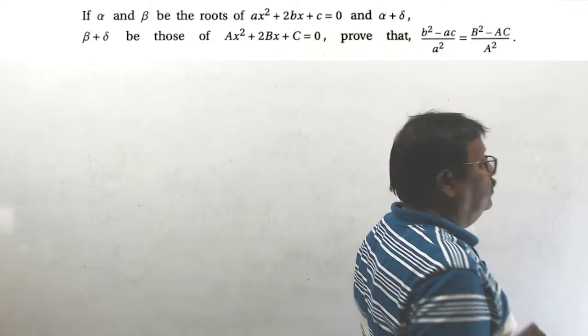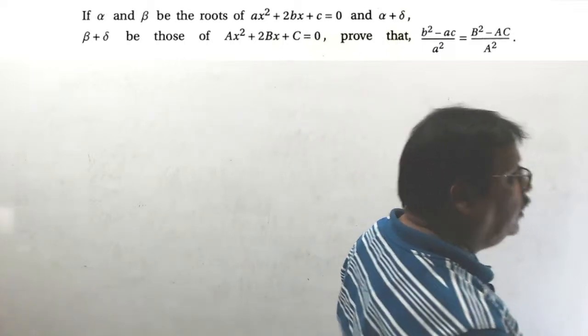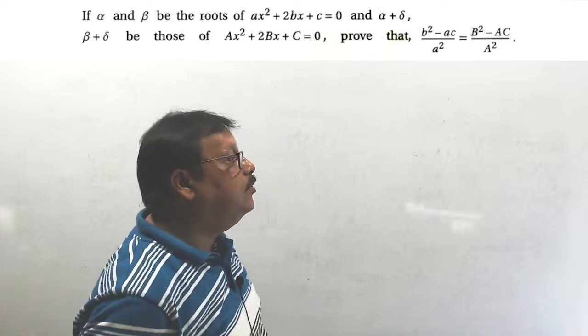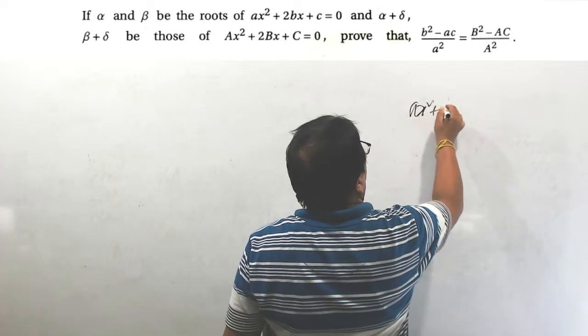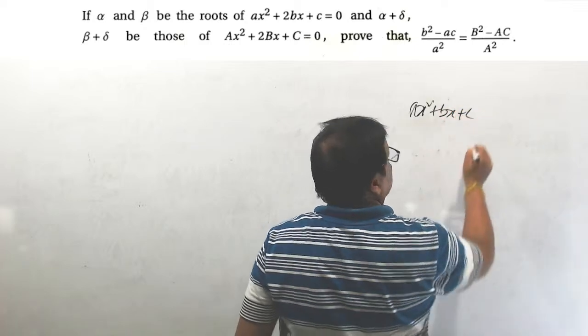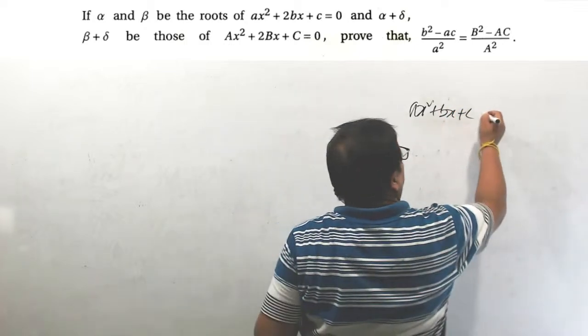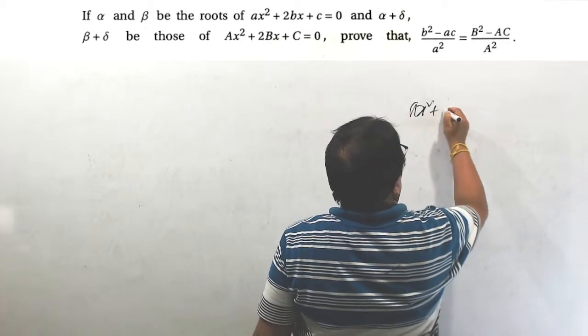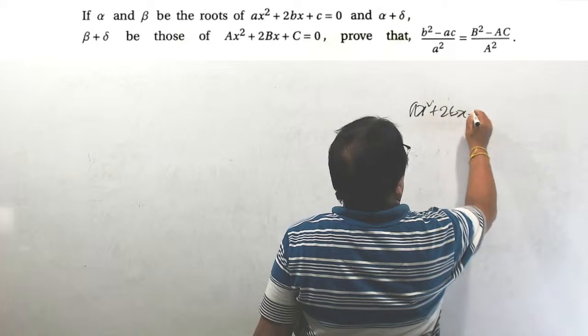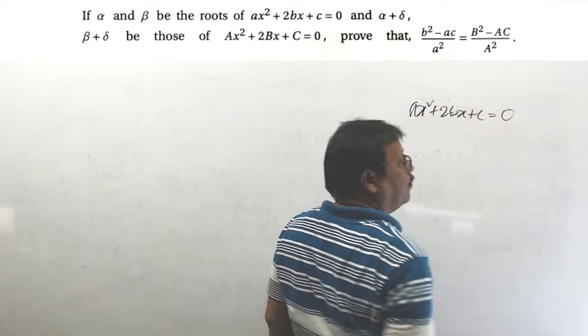How will you do this one? Alpha and beta be the roots of the equation ax square plus 2bx plus c equals 0.